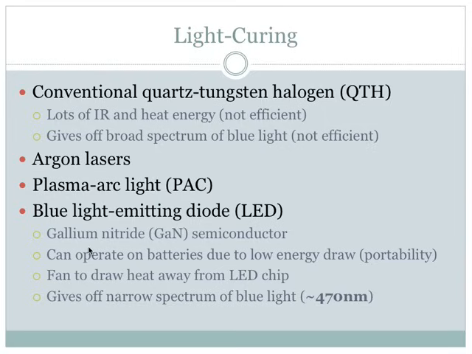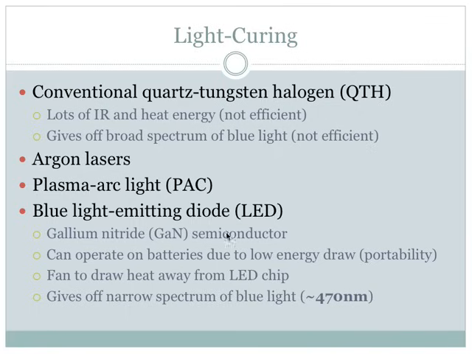for other composites. And that's because there's usually a photoinitiator, like camphorquinone is used in a lot of composite resin fillings today, and it has a light absorption spectrum between 400 and 500 nanometers.